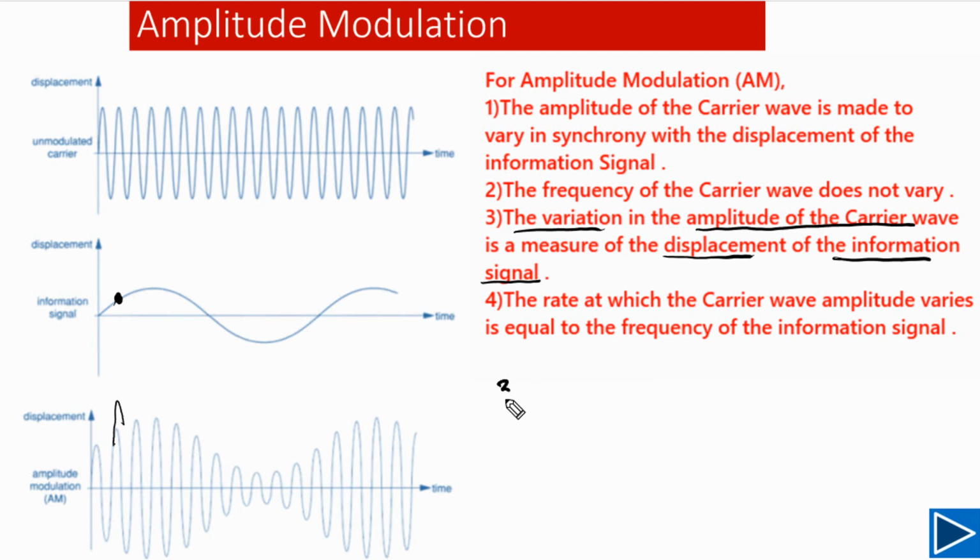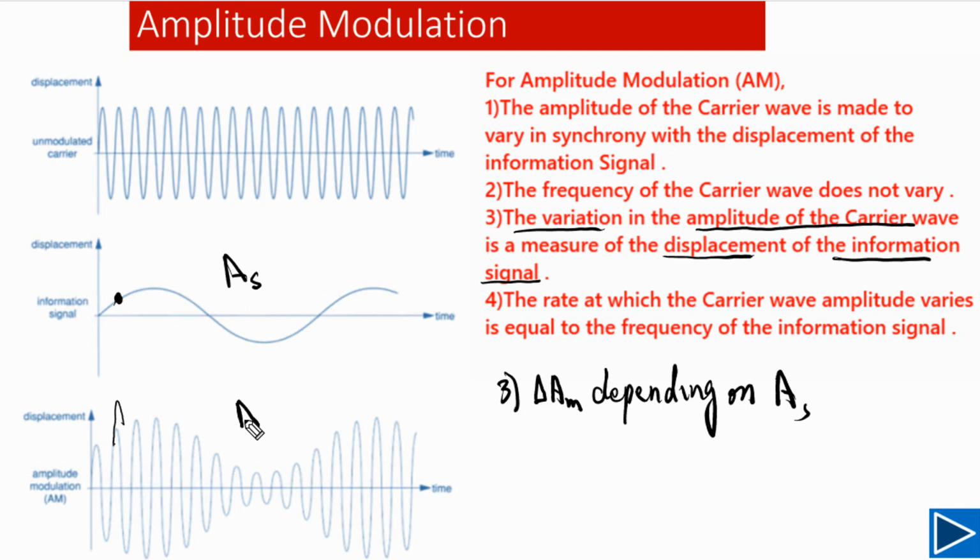So we can write down that the change in the amplitude of the modulated wave depends on the displacement of the information signal, that is, it depends on AS. This is the amplitude of the information signal and here is the amplitude of the modulated wave.